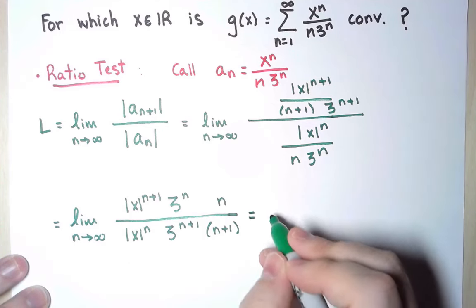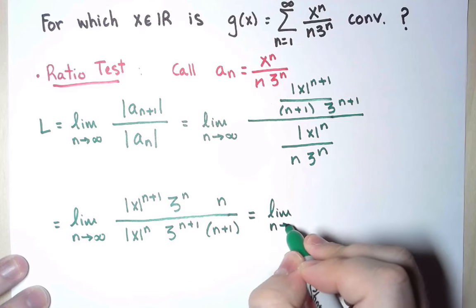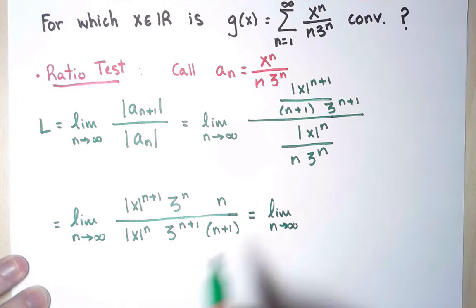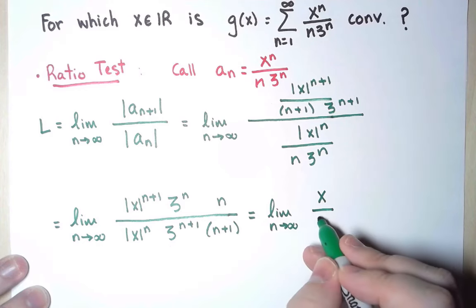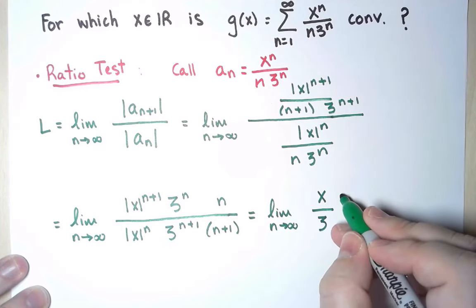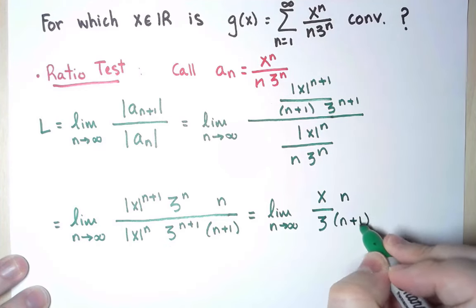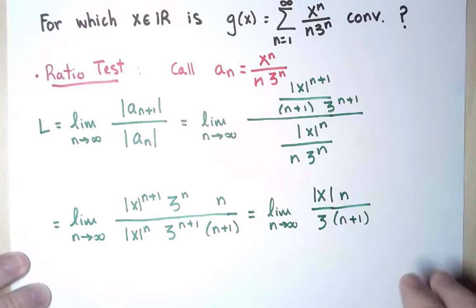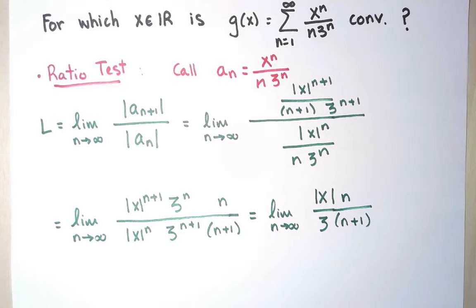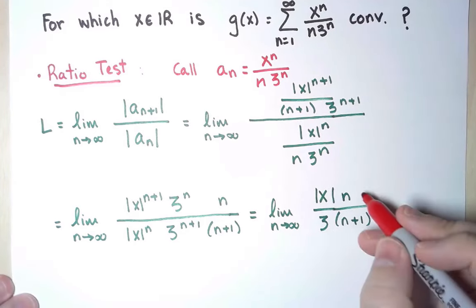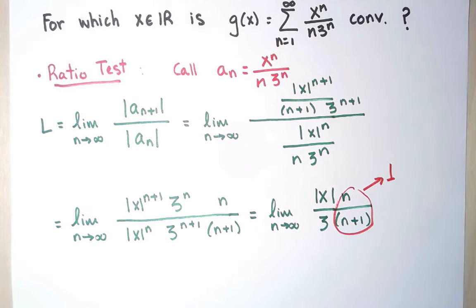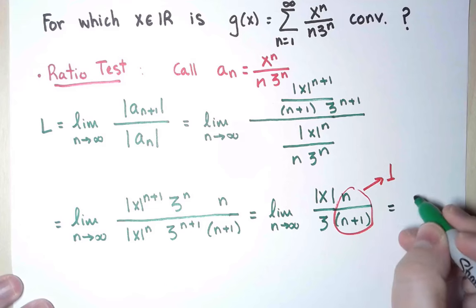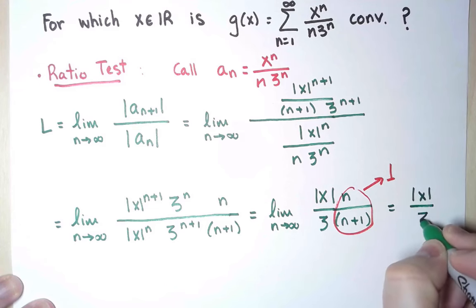And indeed, this simplifies. x to the n plus 1 over x to the n gives me x at the top. 3 to the n over 3 to the n plus 1 gives me 3 at the bottom. And then I also have the polynomials. And then in this final limit, for the purpose of the limit, x is a constant, so is 3. And the limit of n over n plus 1 is simply 1. So this limit ends up being the absolute value of x over 3.